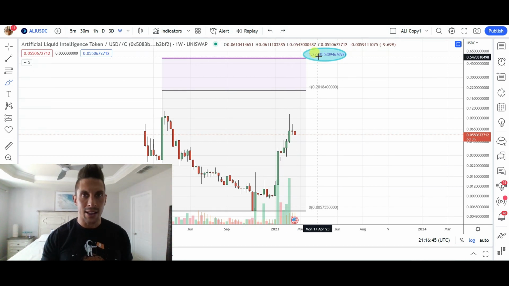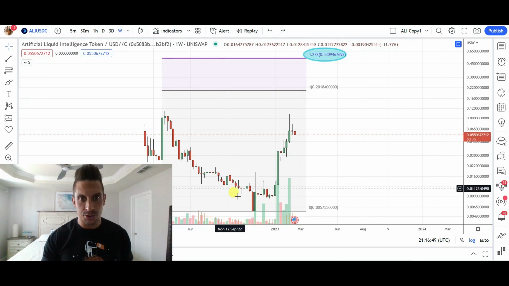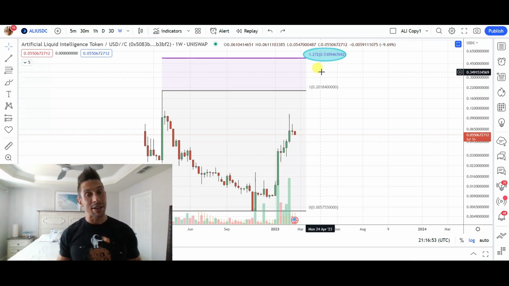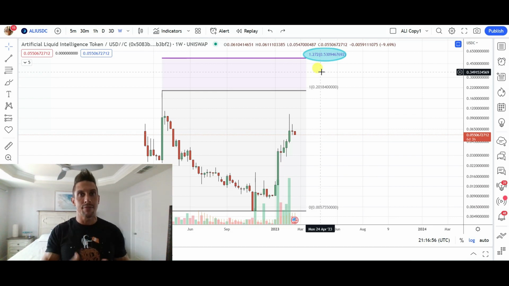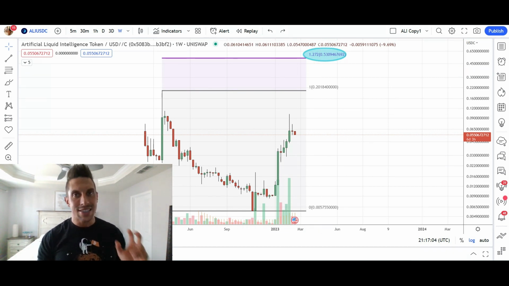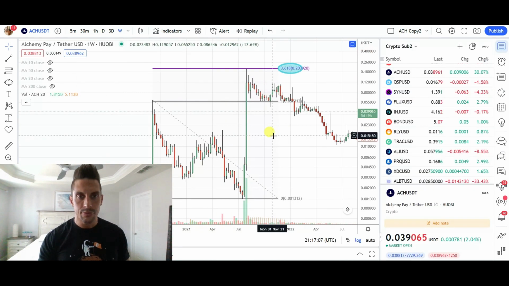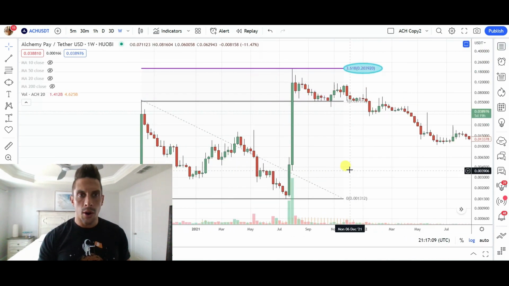If we do that at the 1.272 extension here, based on this fib retracement from the top to the bottom, we would hit around 53 cents. Now, based on today's current price action of 5.5 cents, that would be just under a 10x.